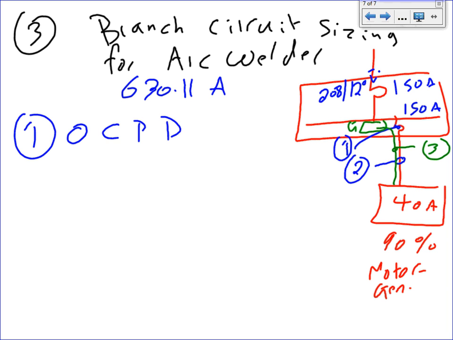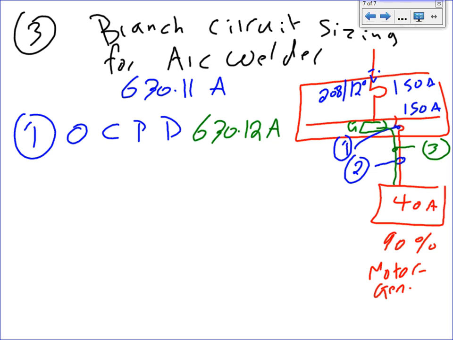For the overcurrent protection device, actually it's going to be a different article. We're going to go to 630.12(A). If you guys read through 630.12(A) for the overcurrent protection device, it will tell you that you need, what did they call it, the rated primary current of the welder.